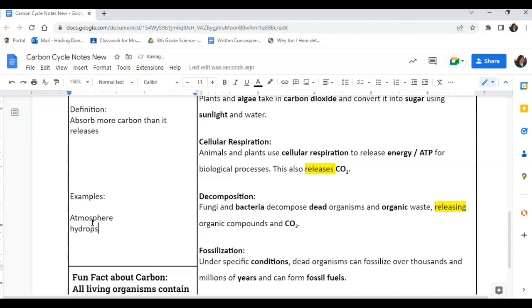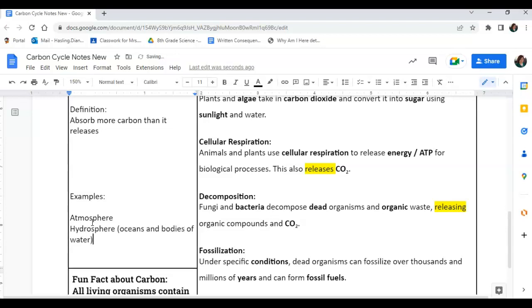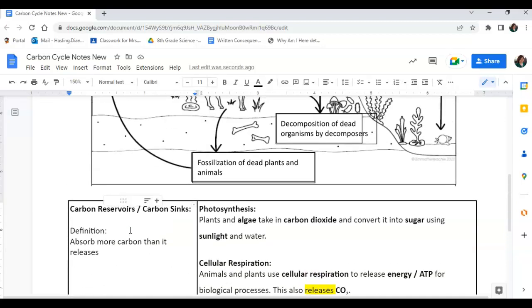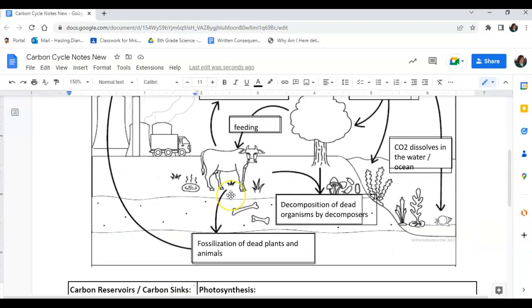For the hydro means water. So mostly your oceans and your other bodies of water are going to store carbon. So the atmosphere stores carbon as carbon dioxide. The hydrosphere stores carbon as carbon dioxide. So that's how the cycle works.